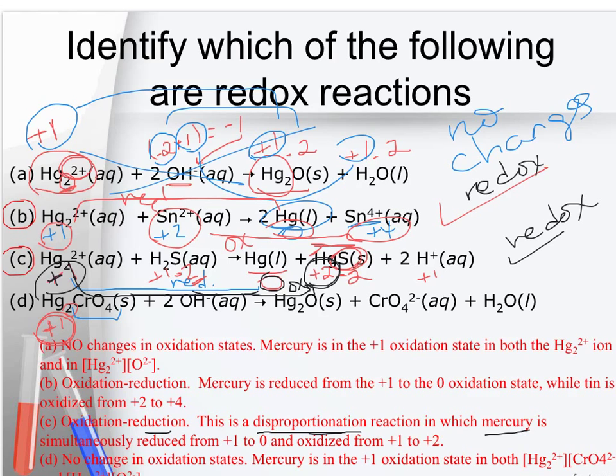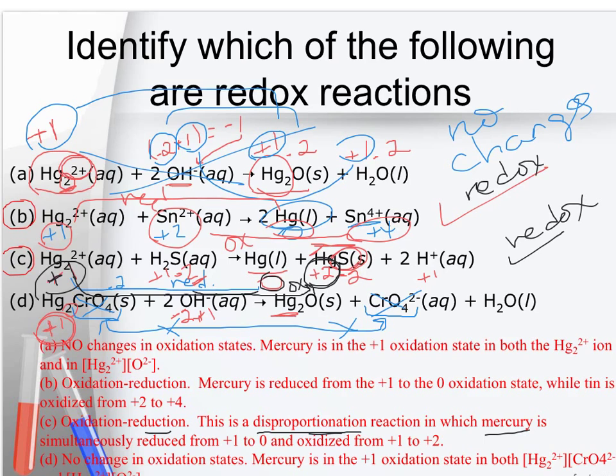Notice that chromate, CrO4, which is a polyatomic ion, stays intact, remains as the same polyatomic ion on the product side, which means I'm not even going to waste my time figuring out oxidation numbers of the atoms in the polyatomic ion, because I know whatever they are, they stay the same, and they are not going to be involved in a redox reaction if there is one. So then moving on, oxygen in hydroxide is -2, hydrogen's +1.